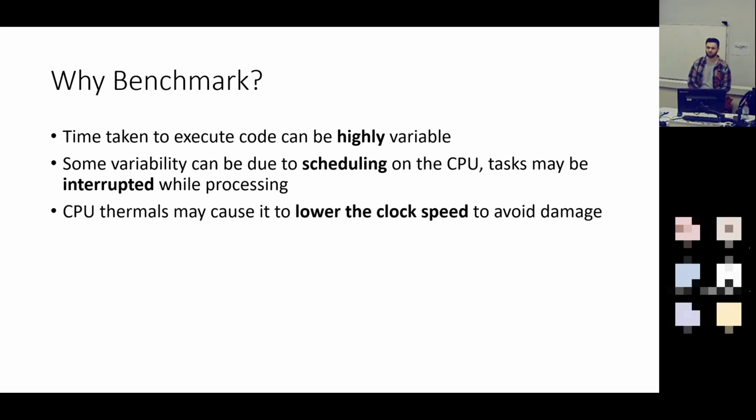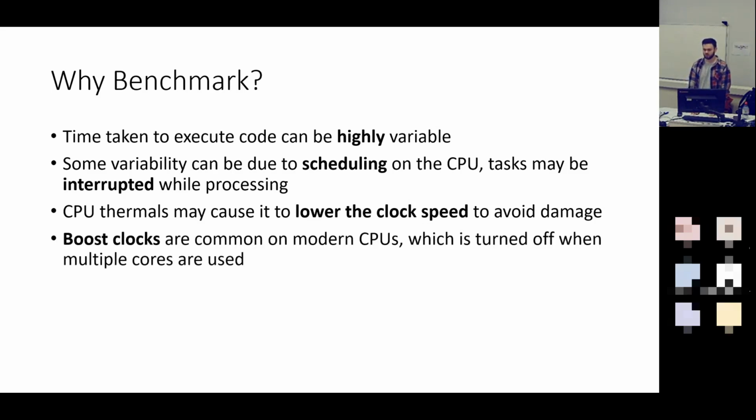Also, something that's more important when we come to parallel programming is how hot your computer is may determine your clock speed as well. So if your computer is getting too hot, then it may lower the clock speed to reduce the amount of heat, basically just to protect the components. So you may have noticed this on a lot of modern computers. They'll advertise a boost clock.